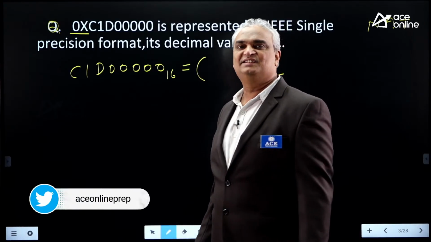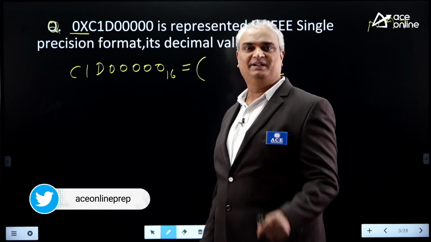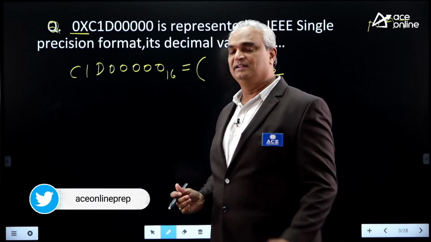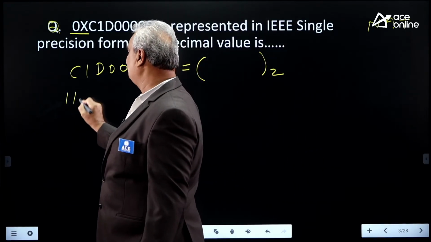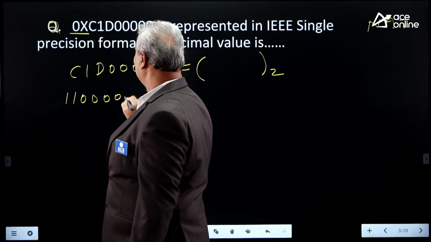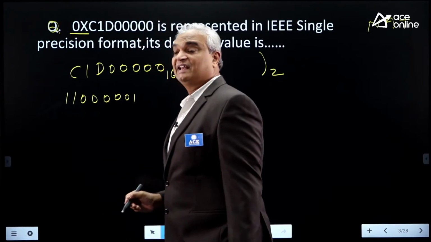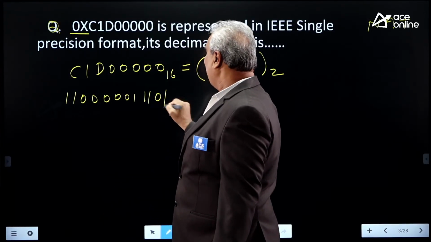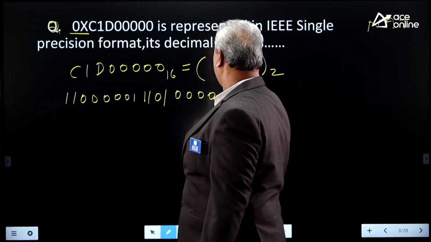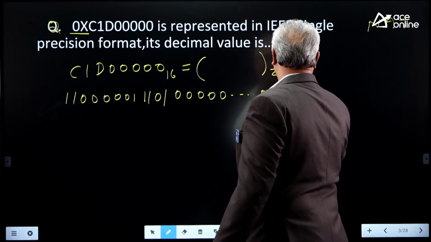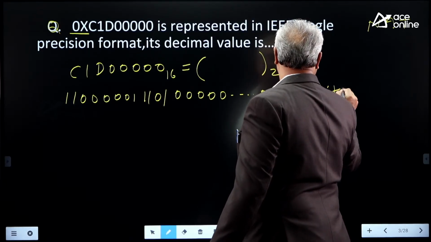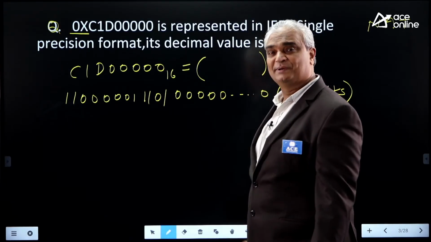Each hexadecimal digit requires 4 bits when converting into binary. C means 1100, 1 is 0001, D is 13, which is 1101, and the remaining are all zeros. What is the total size? 32 bits, because it is single precision.